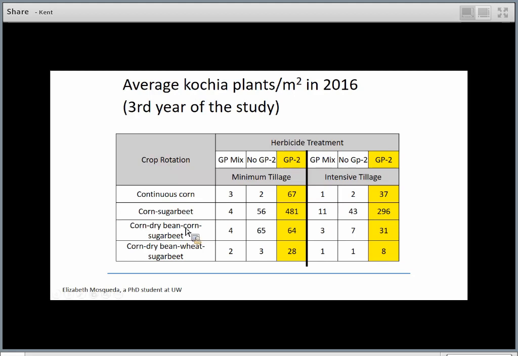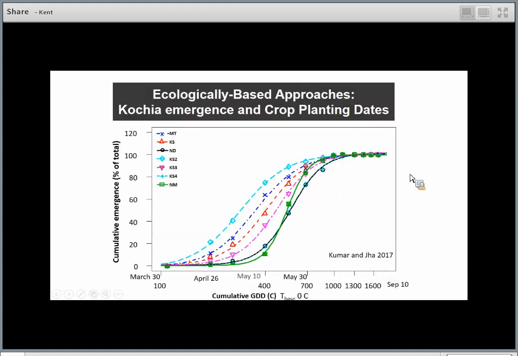And with sugar beets, if you don't control those kochia plants before they top out above the sugar beet, they really dwarf the sugar beet production. Tillage probably drops it in half or at least in half. So going from minimum till to intensive till really drops the total number of kochia plants in that system.